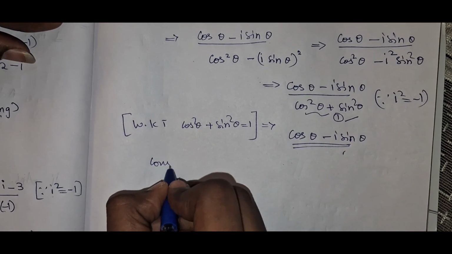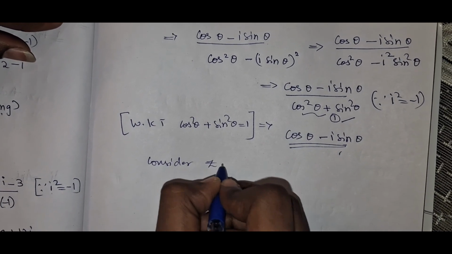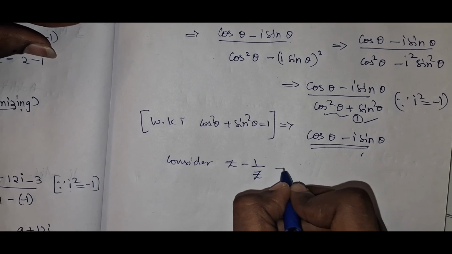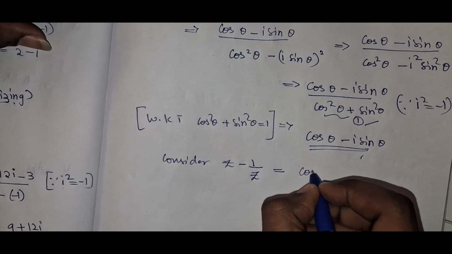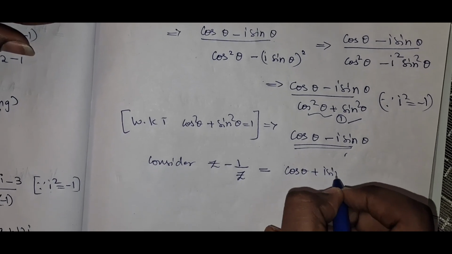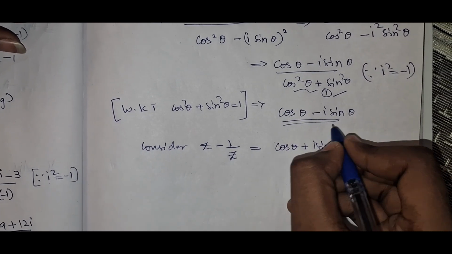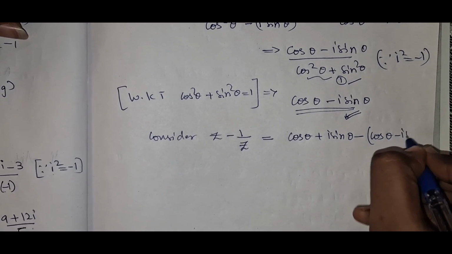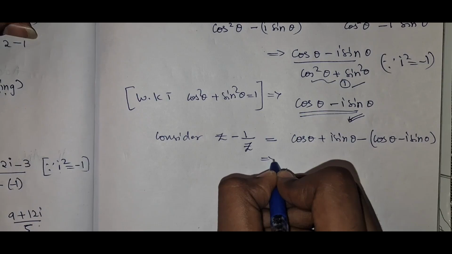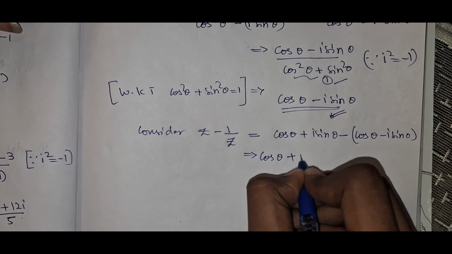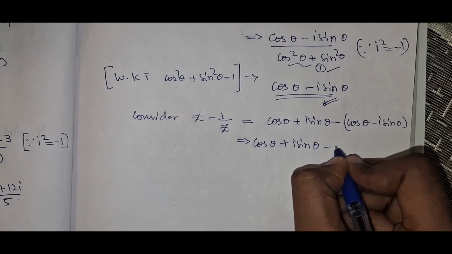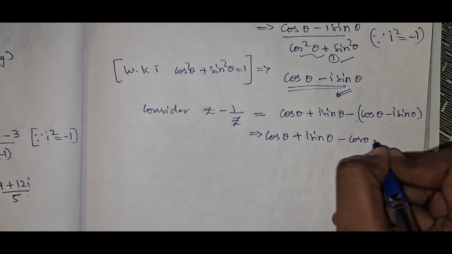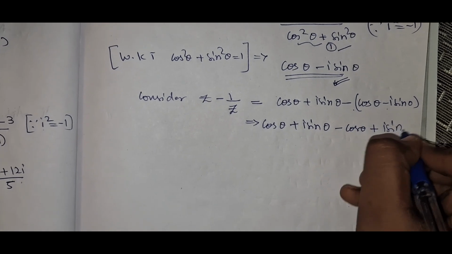Now consider z minus 1 by z. Substituting z, which is nothing but cos theta plus i sin theta, minus 1 by z value, that is cos theta minus i sin theta, which is equal to cos theta plus i sin theta minus cos theta, minus of minus is plus, so plus i sin theta.